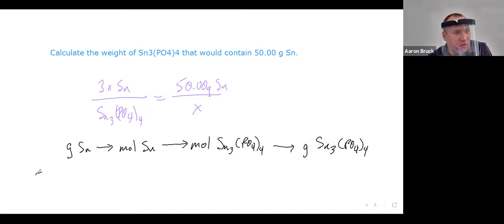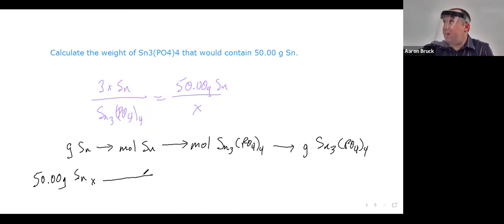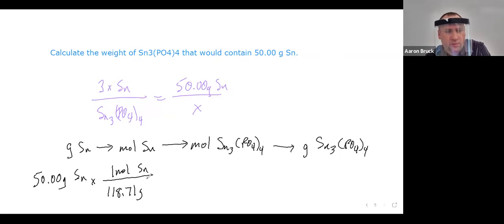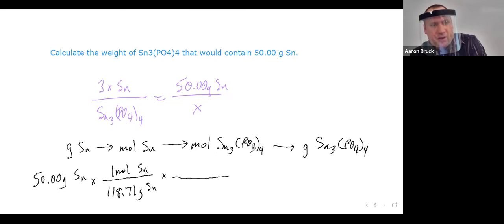So if we go from this standpoint, 50 grams of tin. The molar mass of tin, tin is element number 50, is 118.71 grams in a mole. To get the moles of the compound, we need to use the formula.